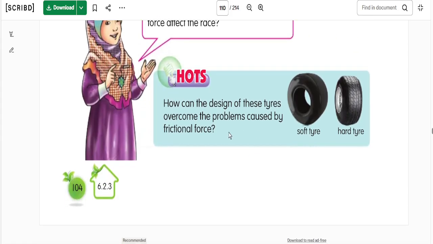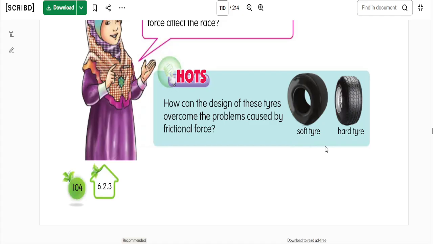So now, how does the design of these tires overcome problems caused by frictional force? You would notice that on a tire, these designs are made. What do you think? Why are these designs made on the tire of any vehicle? To increase the frictional force.